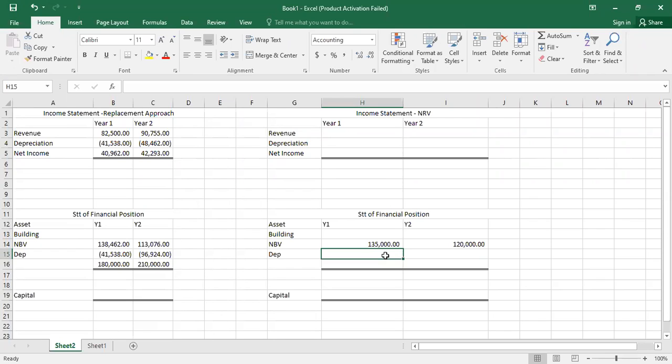It was 195, isn't it? So for depreciation, we are just looking at the net realizable value. So this will be equal to 195 minus the value. So our depreciation is 60,000.